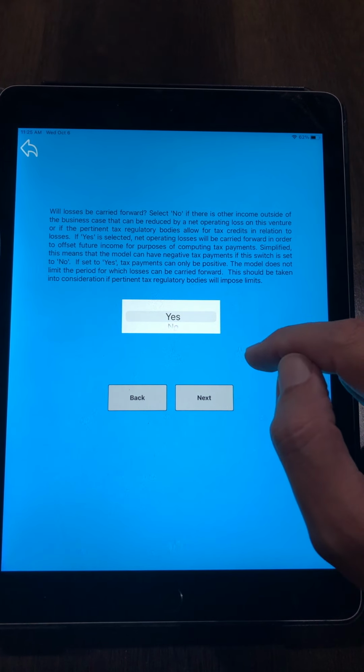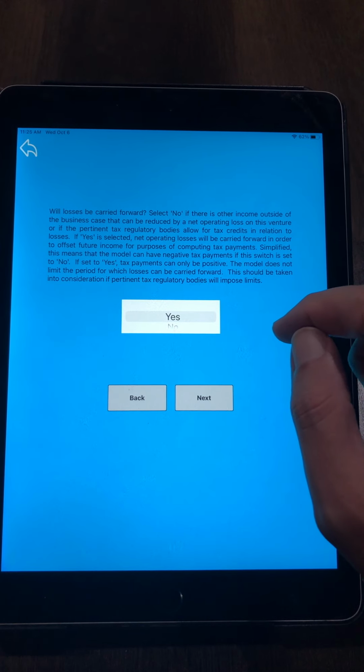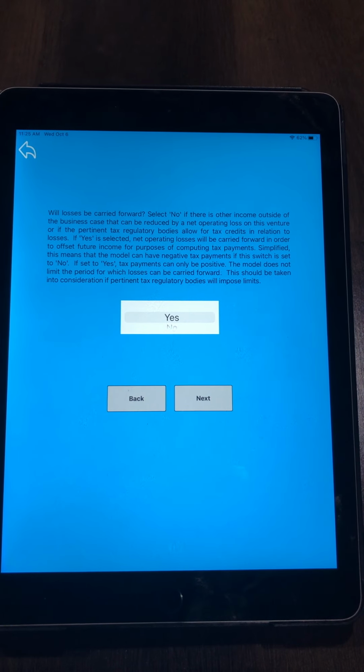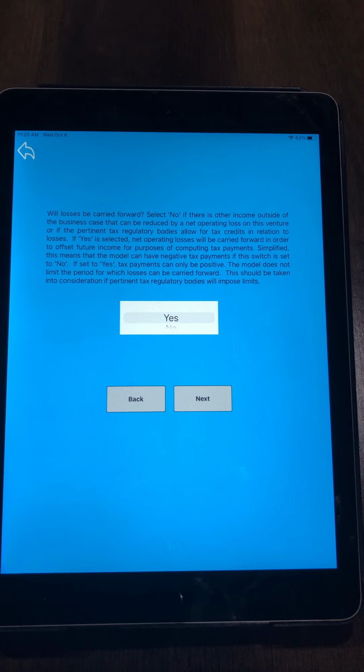Now, will there be a loss carry forward? Loss carry forward is basically will you get negative income tax? And most taxing authorities won't pay you. So if you make a loss, you won't have to pay any income tax, but they're not going to give you any of that loss back as negative taxes.